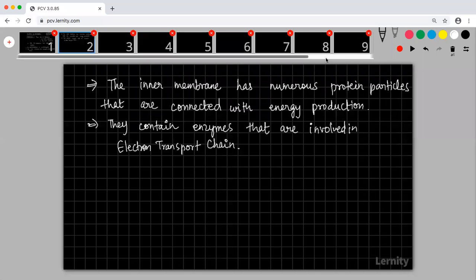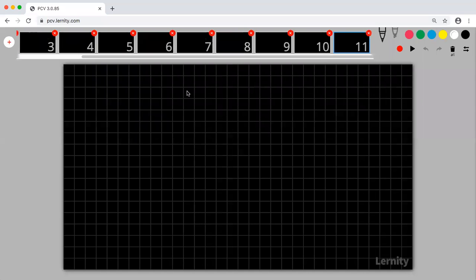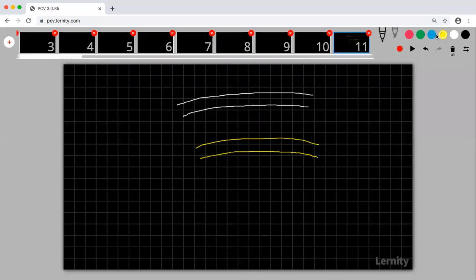Okay. So what you need to know is that you have this outer membrane, and then you have this inner membrane. In this inner membrane, you will see lots of different kinds of proteins.